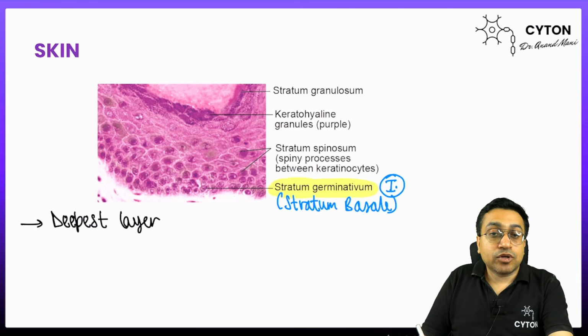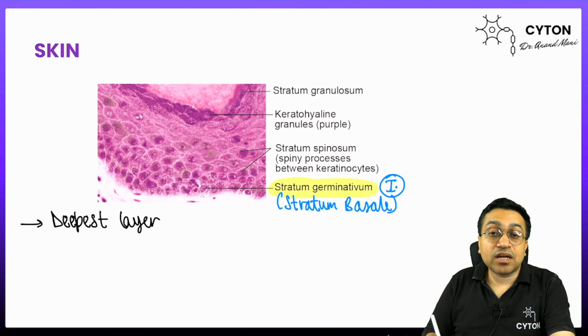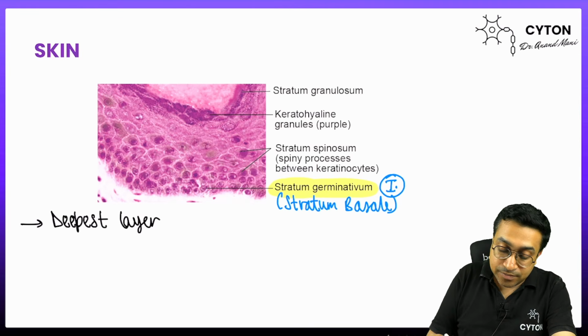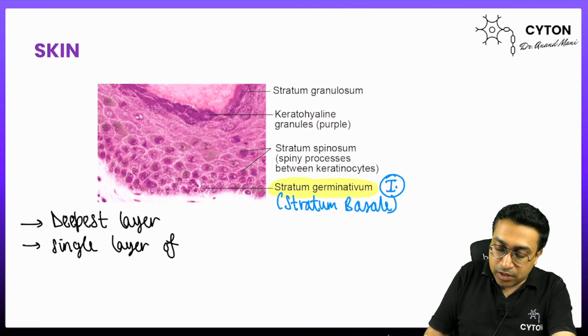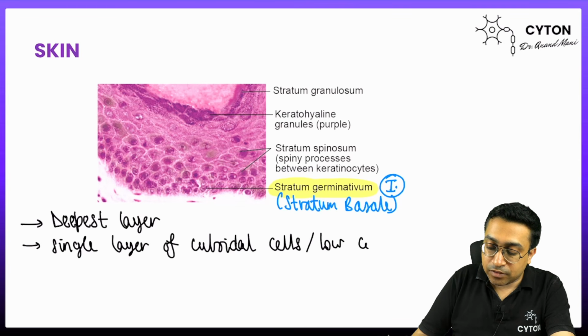Okay. So this deepest layer consists of a single layer of cuboidal cells, or I can say better, low columnar cells. In certain textbooks you will find this written, low columnar cells.